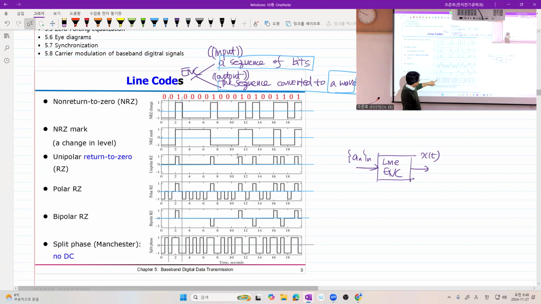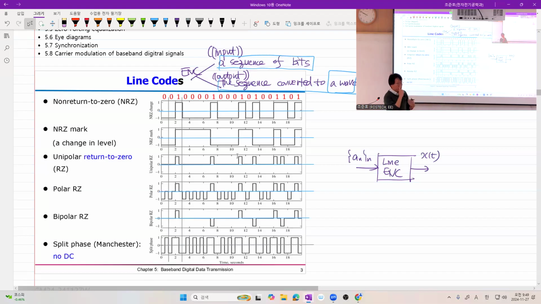It has rising edge and falling edge, right? And these rising and falling edges may be utilized to synchronize your signal with the receiver. So, for example, among these 6 different line codes, which one provides better synchronization scheme than others?